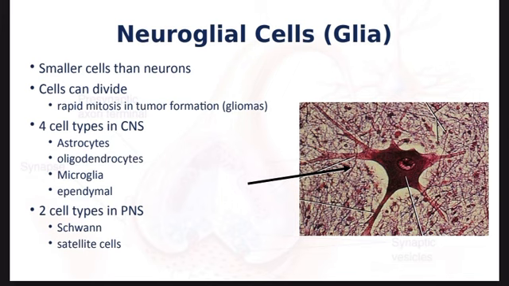So let's talk about the supporting cells, which is the glia, as we usually call it. They are usually smaller cells than the neurons. They can divide very quickly, so they do rapid mitosis, leading to tumor formation.